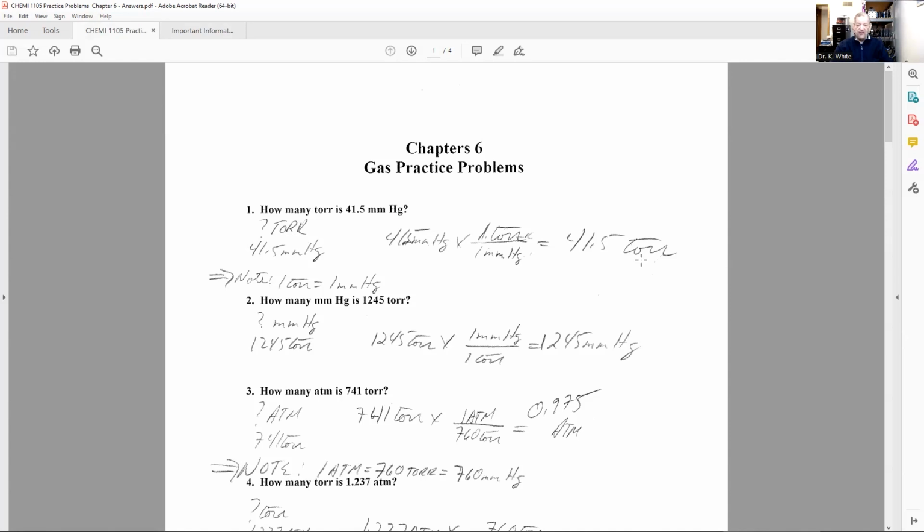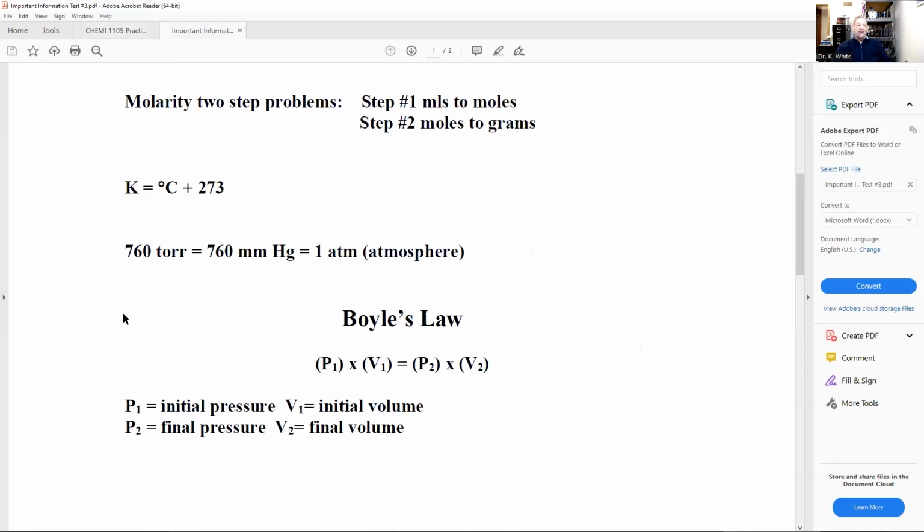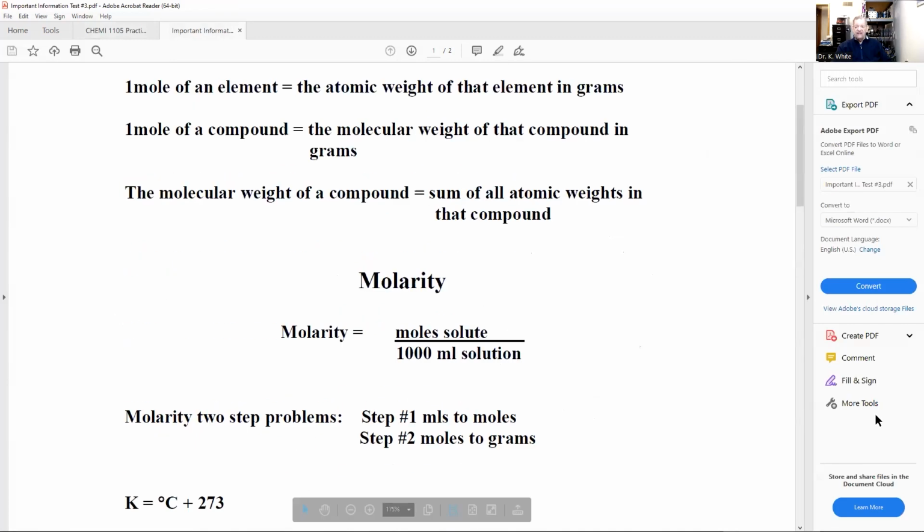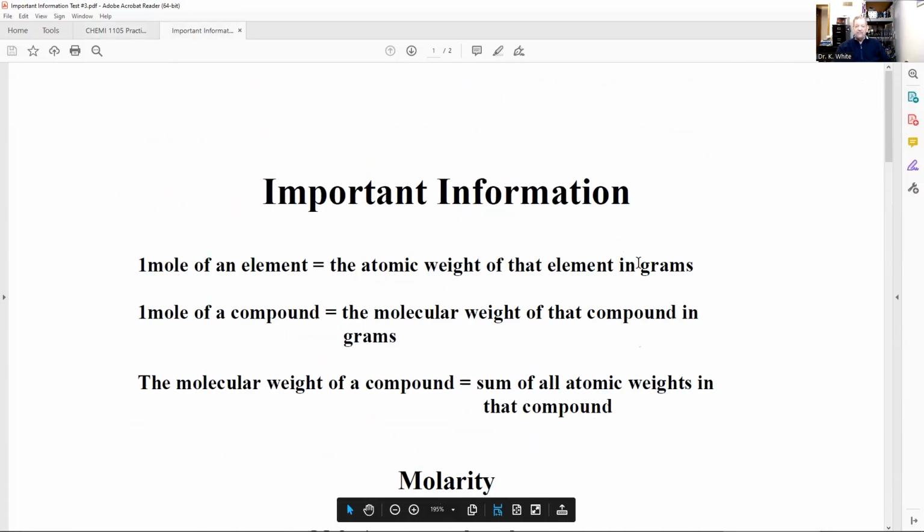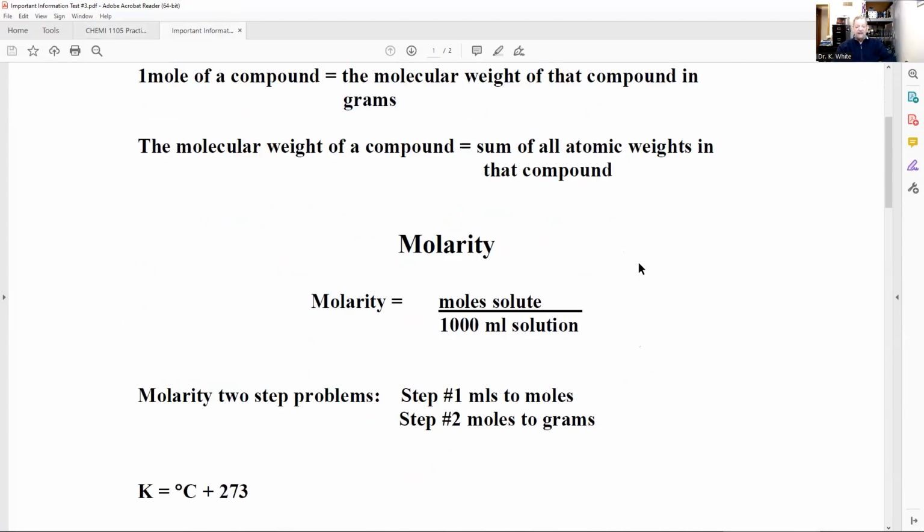Use your good buddy, your good friend, unit analysis, and put torr on top of this ratio, millimeters of mercury underneath. Where do you get this? You look at important information, test number 3.